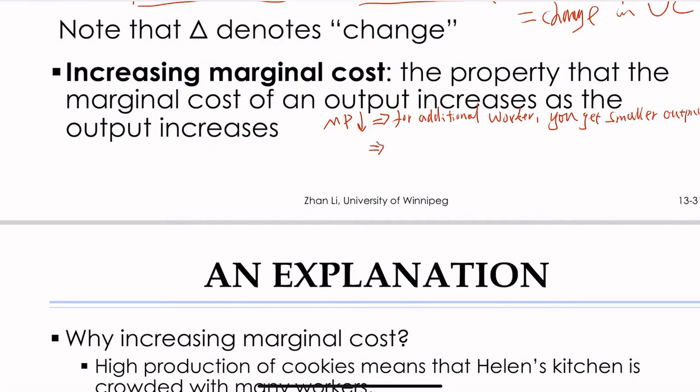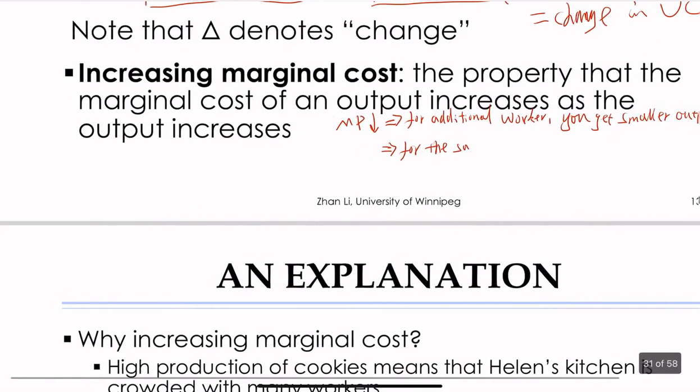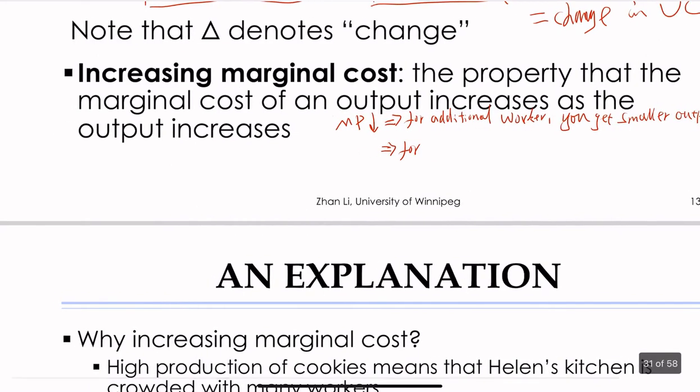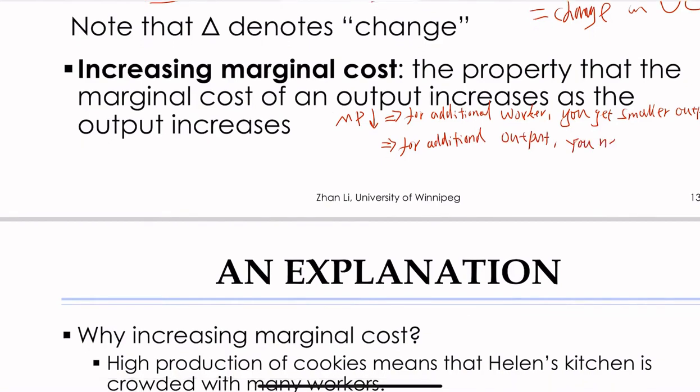So this basically means, okay, let me change this. This basically means for additional output, you need more workers, right?